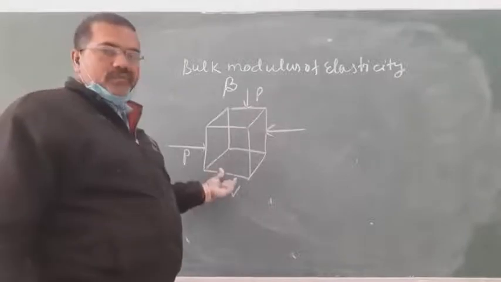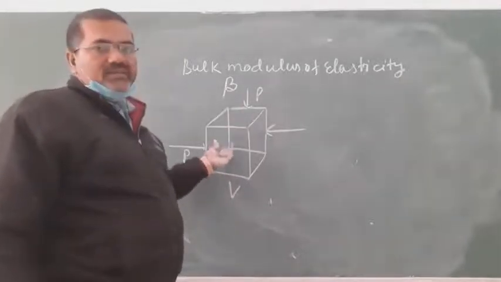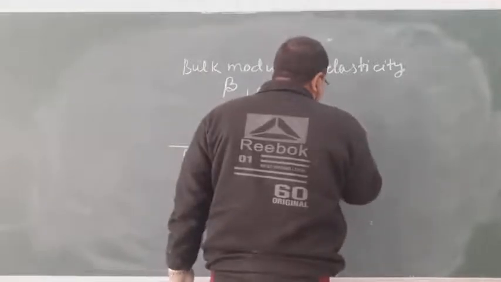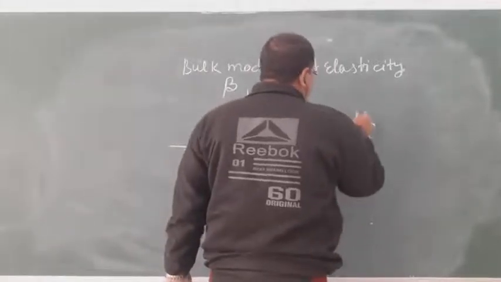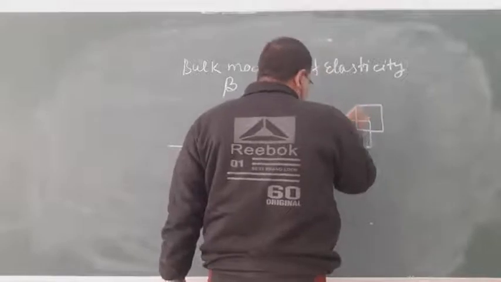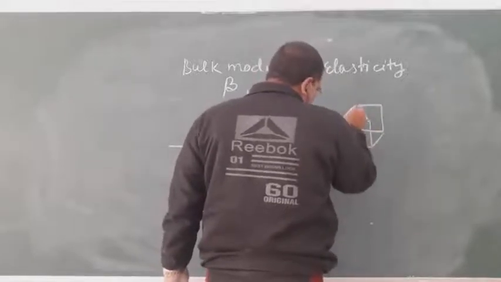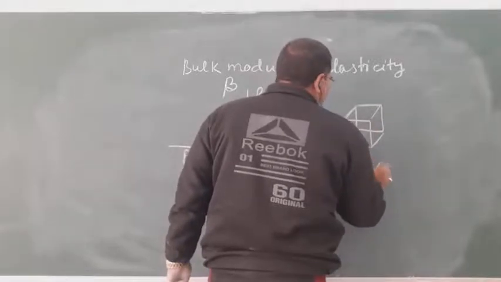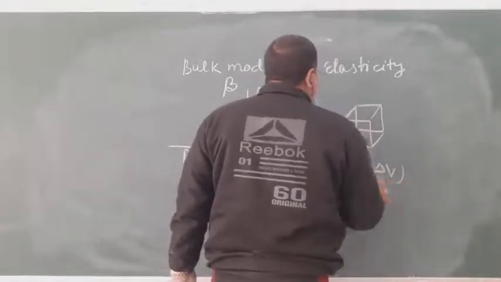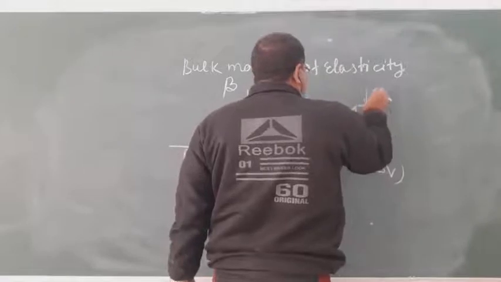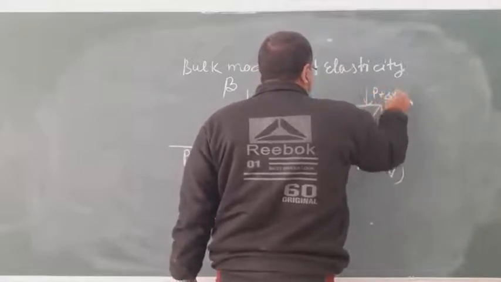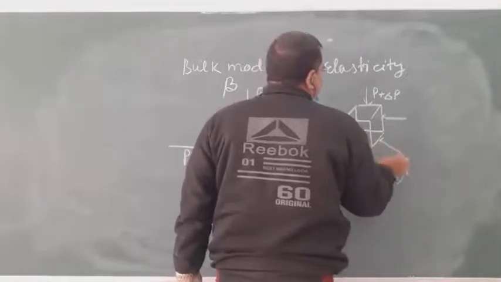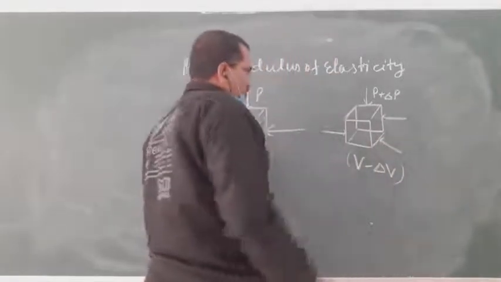Suppose initial volume of the body is V and pressure applied on it is P. After increasing the pressure, let the body decrease its volume, and volume remains V minus delta V, and pressure increases to P plus delta P in all the directions perpendicular to the surface.